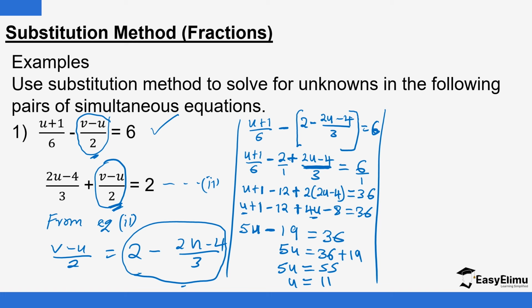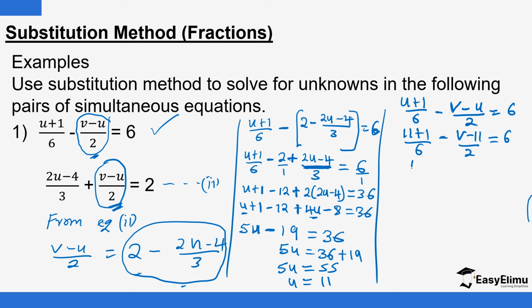Now that I have u, I can substitute u in equation 1. In equation 1, we have (u plus 1) over 6 v minus (11 over 2)... I already have the value of u as 11. So 11 plus 1 over 6 v minus 11 over 2 is equal to 6, because u is 11.